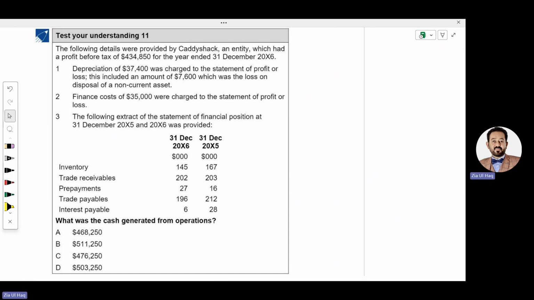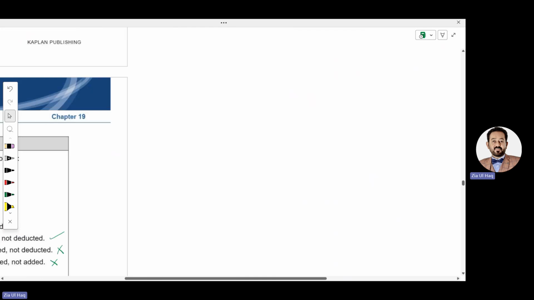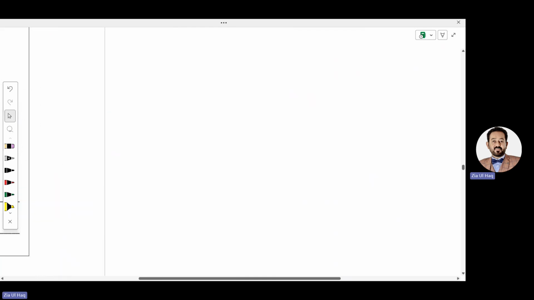We need to calculate cash generated from operations using the indirect method. Before tax paid deduction, there is cash generated from operations. This is the format we have discussed.